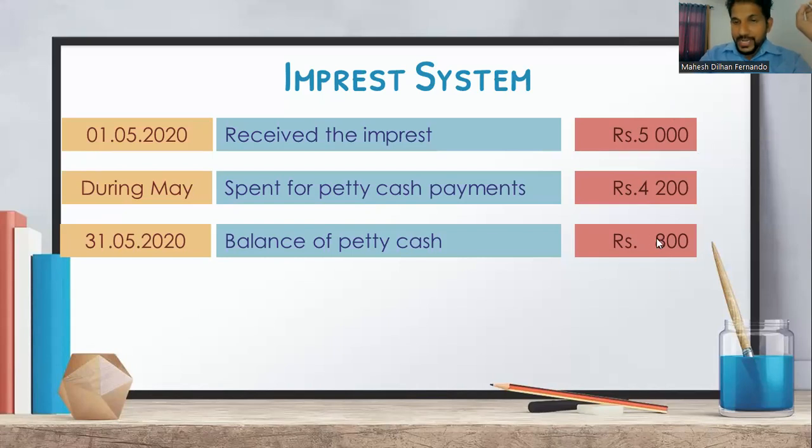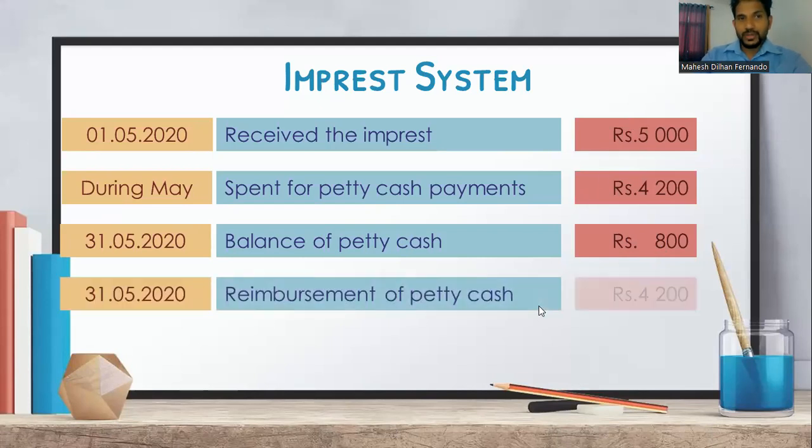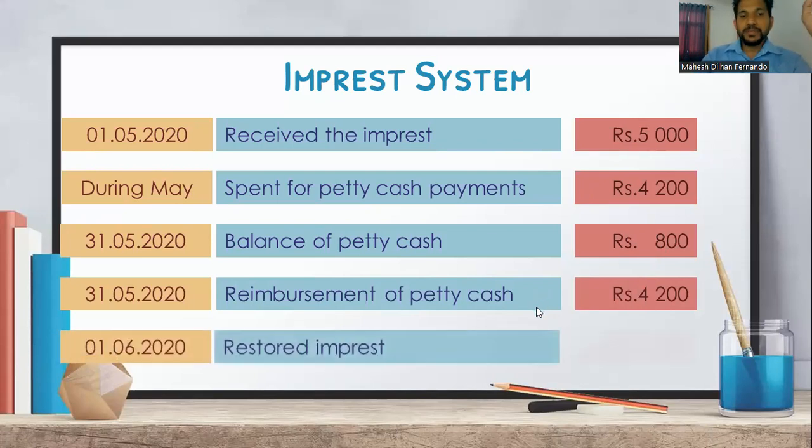It means this 800 has to be converted into 5,000 again. Therefore, the reimbursement of petty cash is going to be 4,200. Now the imprest is again 5,000.